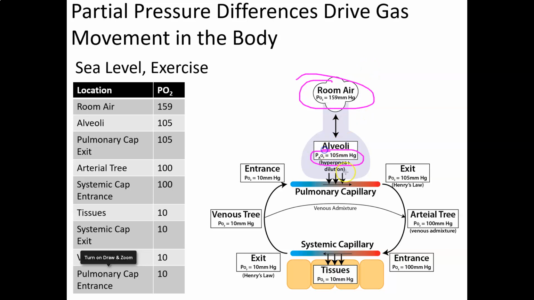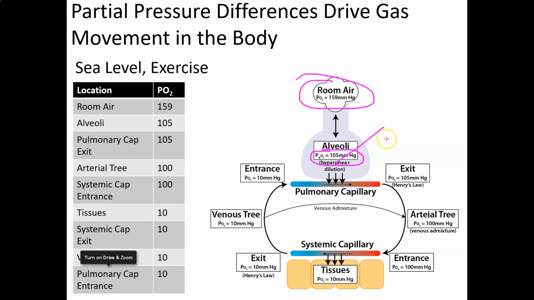And the reason it's still 105 is this word right here, hyperpnea. Hyper is increased, and pnea refers to breathing. What hyperpnea really means is an increase in breathing to meet metabolic demands. So we increase our breathing during exercise, and that helps to keep the alveolar partial pressure, the PAO2, at 105.